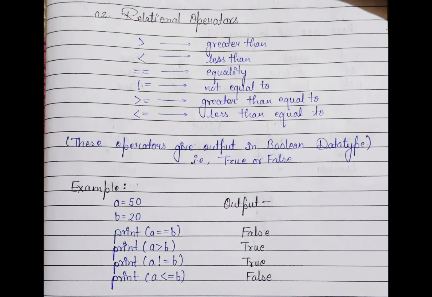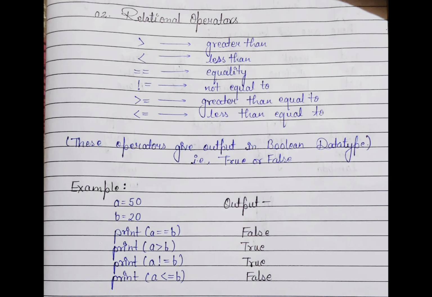So the next line is saying print and in parenthesis a equal to b. A equal to b here is the relational operation. And as I have said, the output of relational operations are always either true or false. So first we have to interpret what it is saying and decode it.